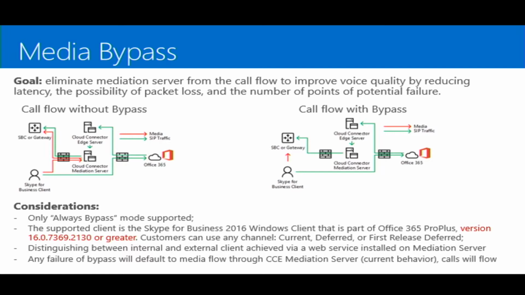But some of the clients can bypass and some can't. Right now the only client that can bypass is the Windows client. The Mac client, the web client, the Android client, you name it, those clients cannot bypass right now. The Windows client that can is strictly speaking this version you see here, highlighted in red.